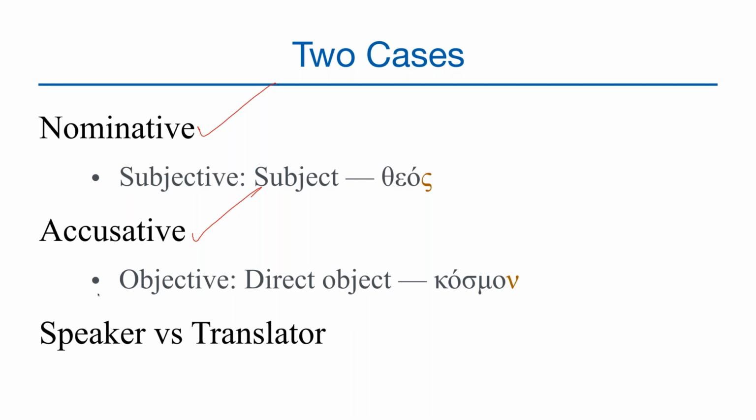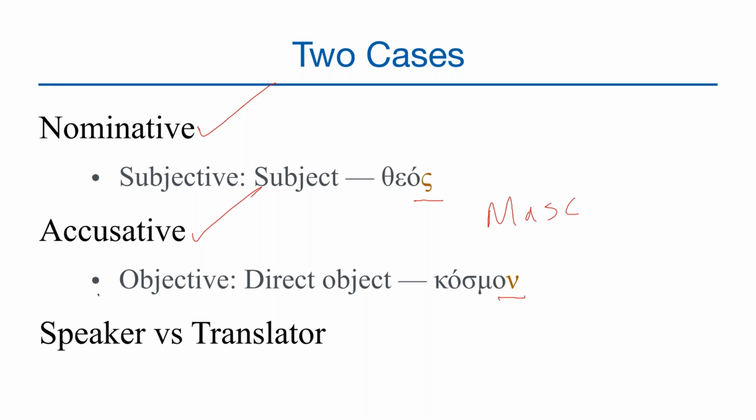The accusative is the direct object and will always be the direct object or the object of preposition whenever it's in that case. As you can see here, nominative ends in sigma and accusative ends in nu for masculine words.